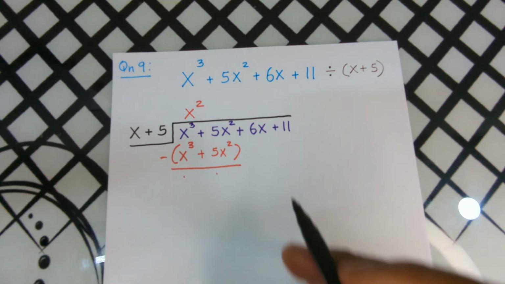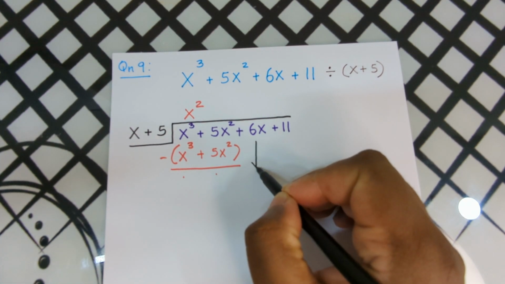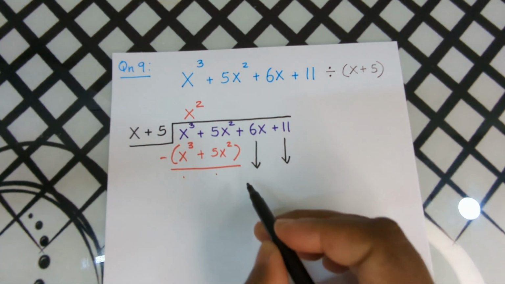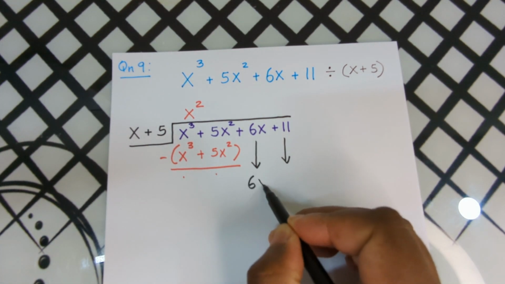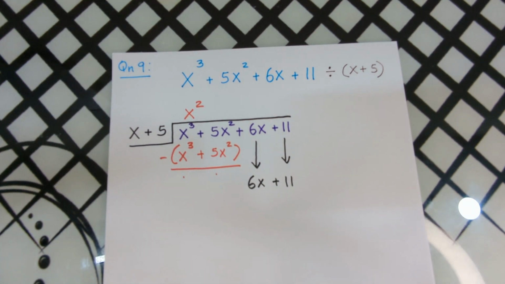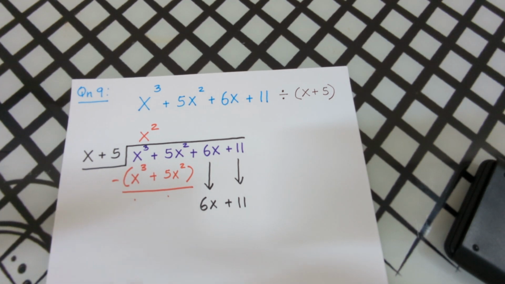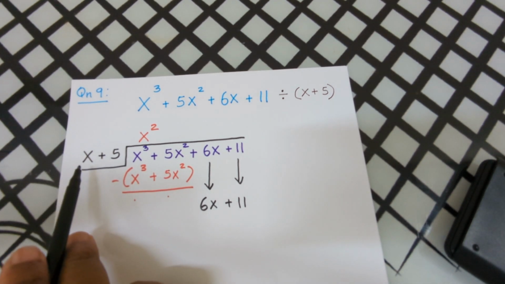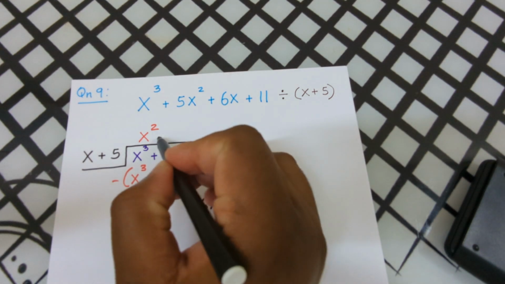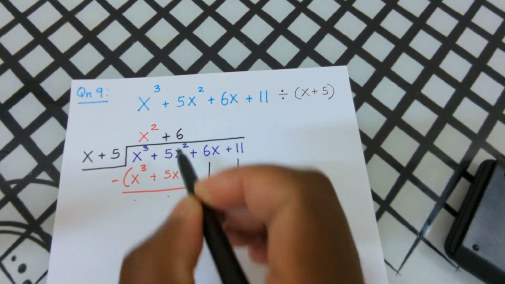So I am going to bring down both 6x and 11. So this will be 6x plus 11. So now let's divide. So we divide x into 6x. This will give me positive 6.